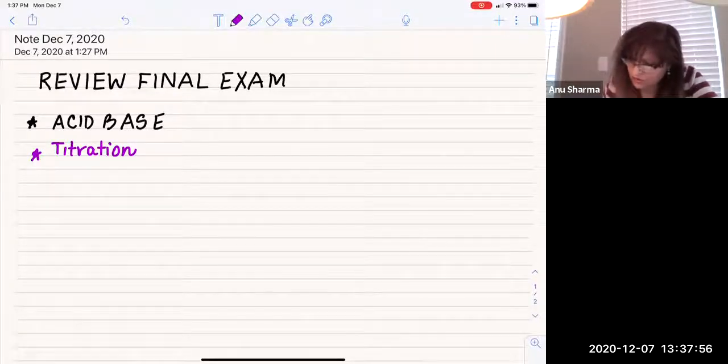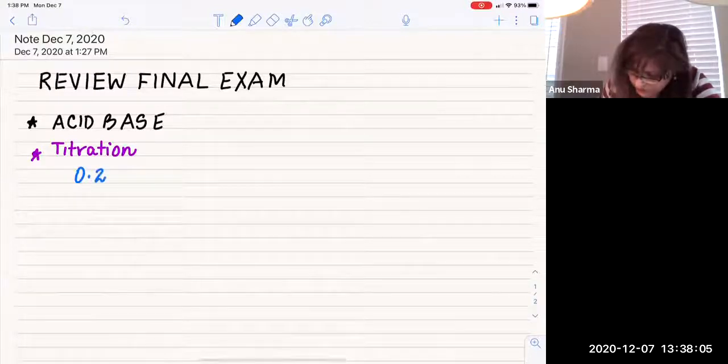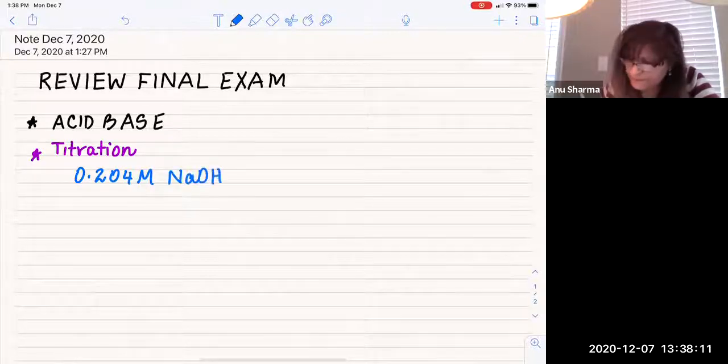A solution of 0.204, let me write this down. So what is given to you? 0.204 molar NaOH. This is given. NaOH is a base. NaOH is used to titrate 50 milliliters, so volume.